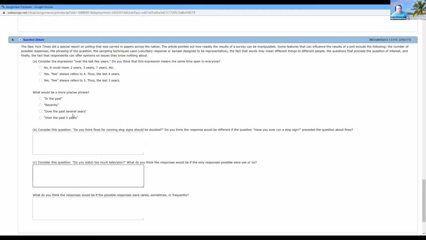The New York Times did a special report on polling. It was carried in papers across the nation. The article pointed out how readily the results of a survey can be manipulated.